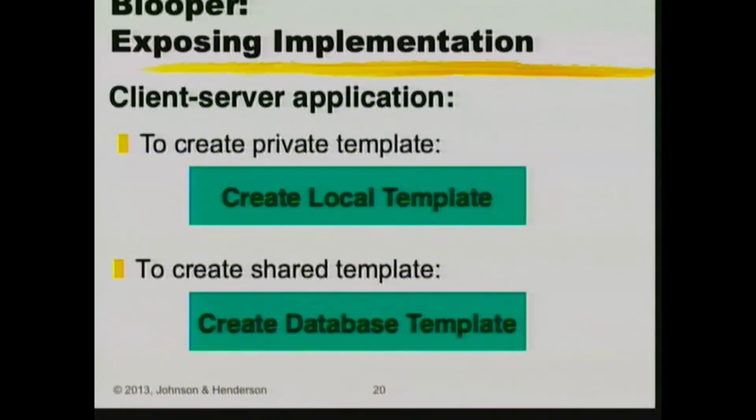Okay? So that's what they were called, and people had no idea what those terms meant. Those were not task-related terms. So we ended up changing these to create private template and create shared template, because that's what they were as far as users were concerned.